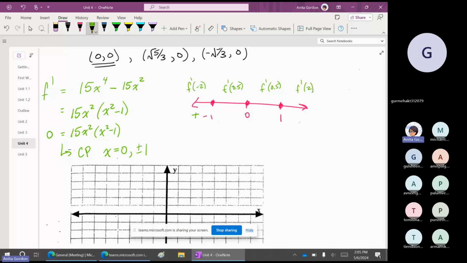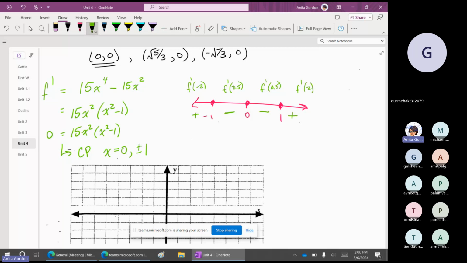Okay, between -1 and 0, I'm getting a negative value. If I do this all again for the positive side, I'm going to get a negative value here. And I get a positive value here.